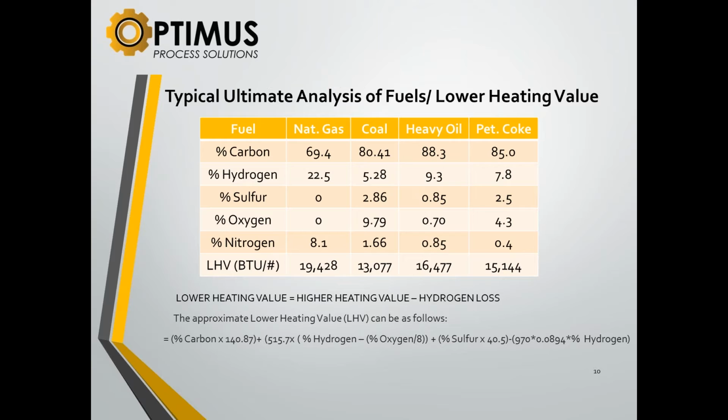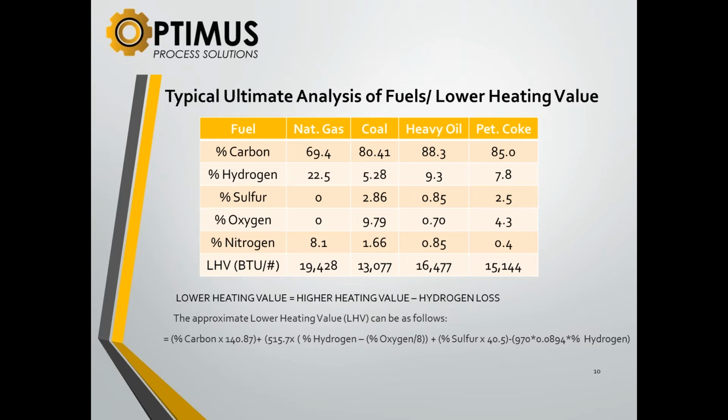And so you can see the heating values. There's a term called lower heating value. That's the number you always want to use, because there's another term called higher heating value or gross heating value, which means that the hydrogen, which turned into water vapor, is condensed, and then it makes that number look bigger.